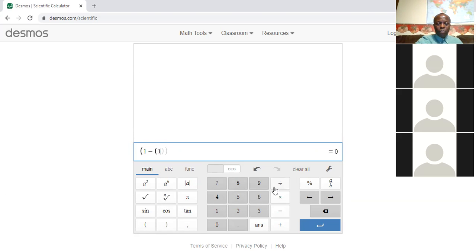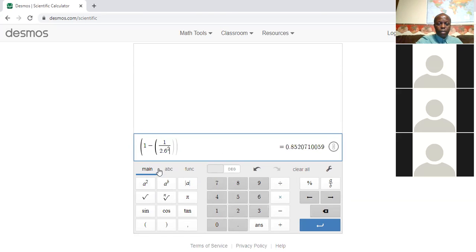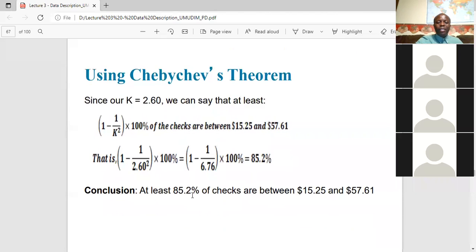Our K is 2.6, so 2.6 squared. Close it right here. Then times 100, which is 85.2%. You can see where I did it here, 85.2%. So we can say that at least 85.2% of the checks are between $15.25 and $57.61.